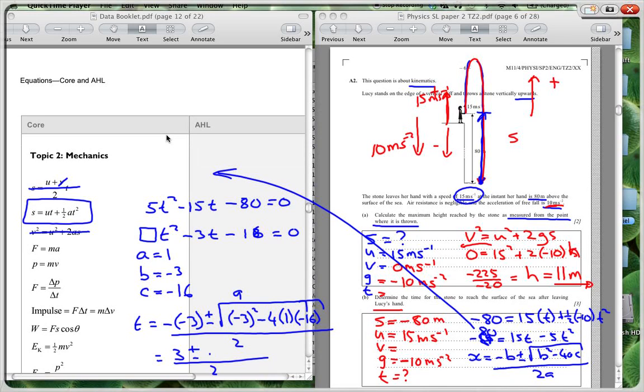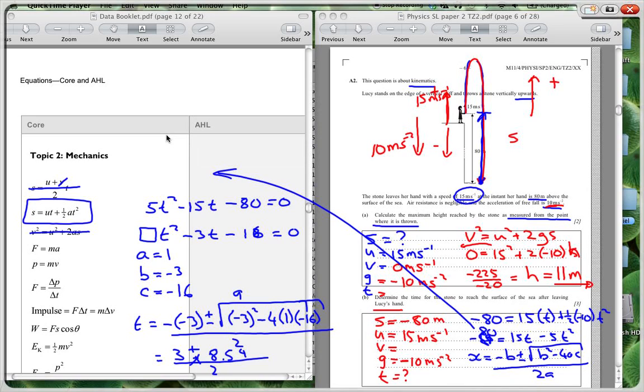So I find the square root of 73, and I get 8.54, and so forth. Now, I've got two answers here, but when I subtract, 3 minus 8.5, I get a negative value. That's not possible. We don't get negative times, so that doesn't give me a solution. So I just use the plus.